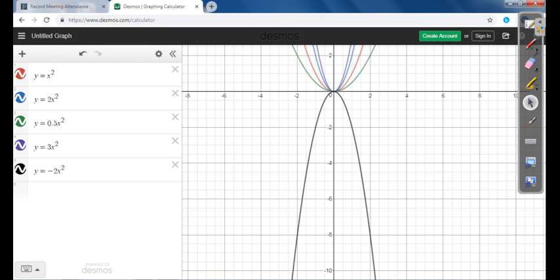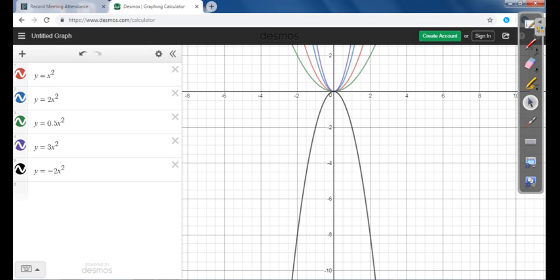We call it a reflection in the x-axis, right? Because it's reflecting through the x-axis, okay? So if A is negative, we have a reflection. If A is positive, we don't have a reflection. But we still have a vertical stretch.